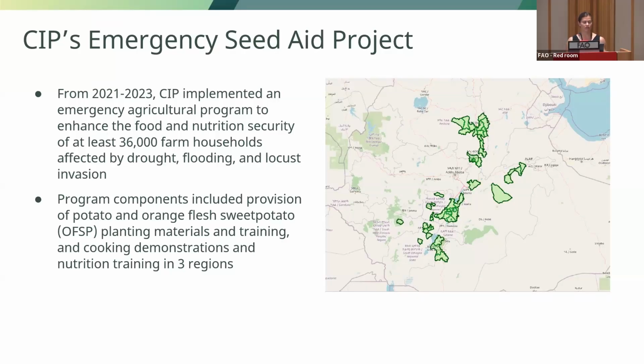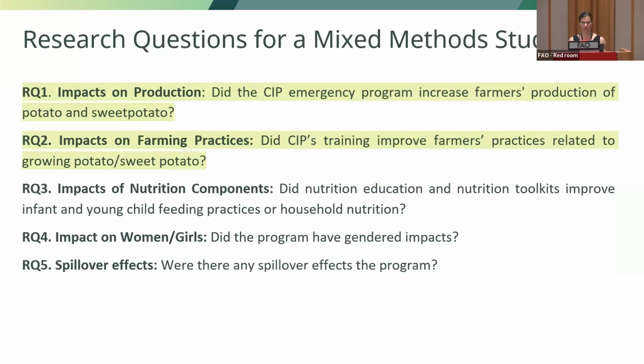They go in, they provide short-term agriculture training, some nutrition training, as well as OFSP, orange flesh sweet potato planting materials, and improved potato planting materials. It was not designed to have a long-term impact, but BHA approached us to do a study to see if people were still using the seeds, if this short-term project made a long-term impact.